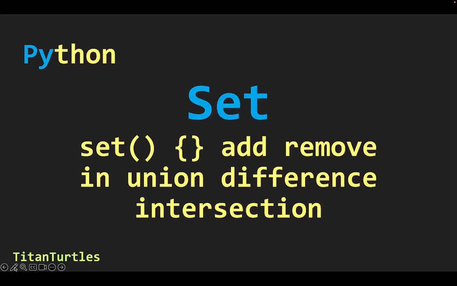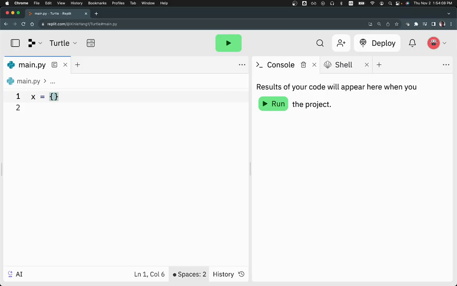The next concept in Python is set. So we use curly brackets to assign the set. X equals 1, 2, 3, 2, 4, 6, and 5. Y equals 6, 6, 7, 8, 9.